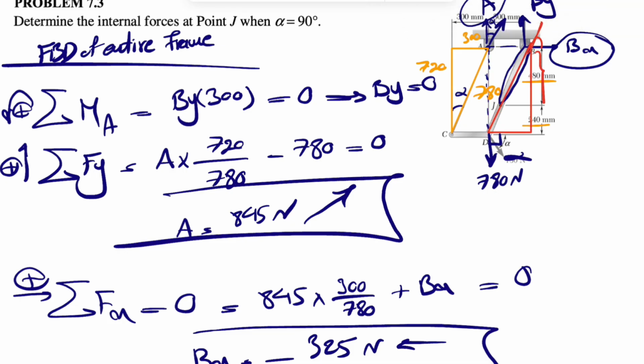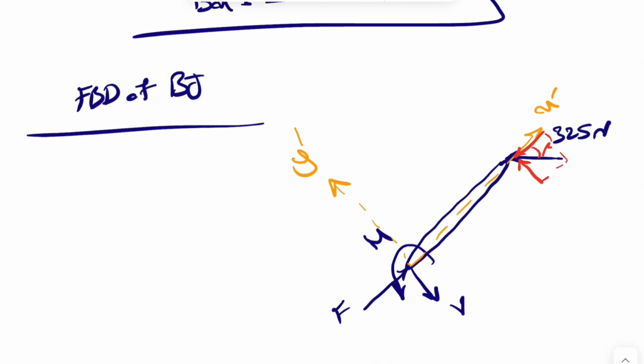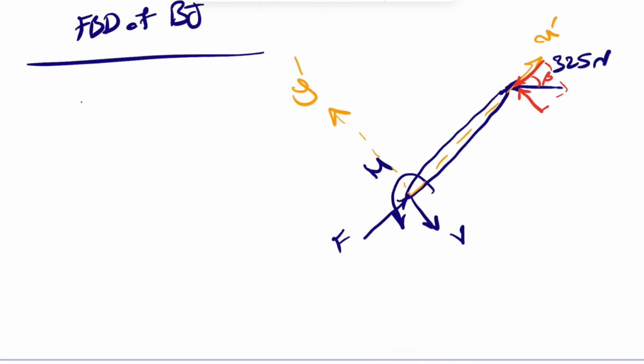We have this side again, 720. The bottom is also 300. So basically we have the same as what we had in here. The hypotenuse would be 780. Let's just call it beta, to differentiate from the previous one. So here this angle is beta.